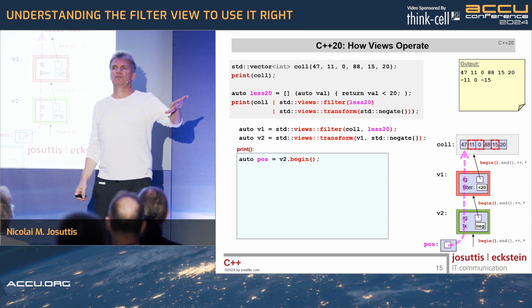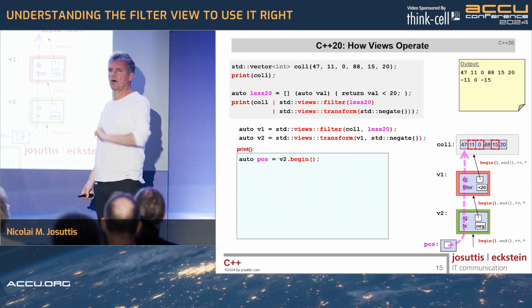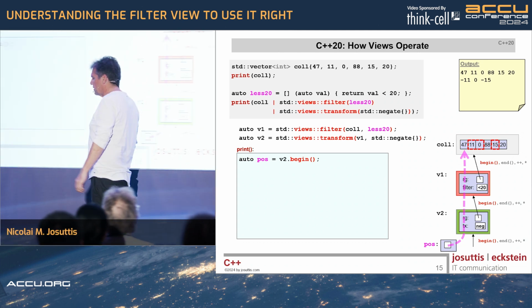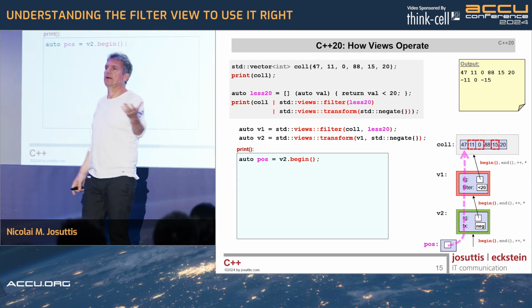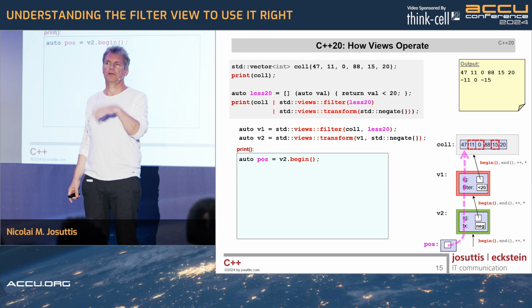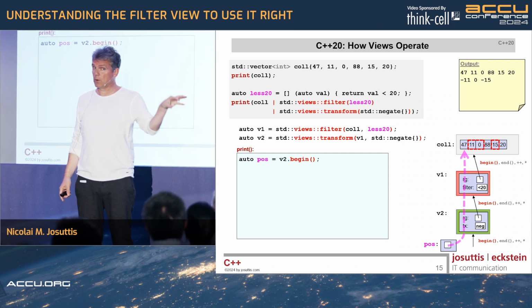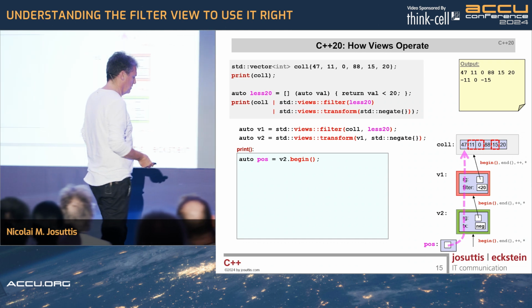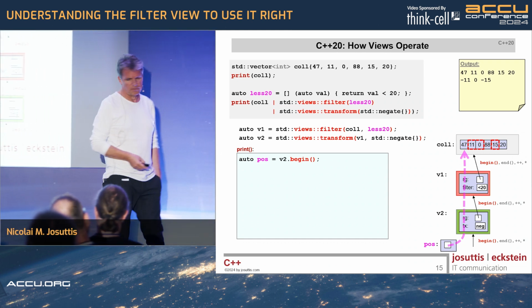So we call a sequence of begin calls. We come to the beginning of the collection, and the collection says, yeah, here's the first element. It gives you back the position of 42. So it's not 42 that we get, it's an iterator to 42, the position of 42, or a reference or whatsoever.